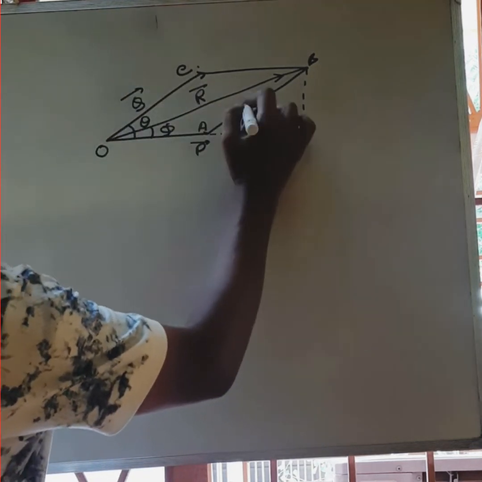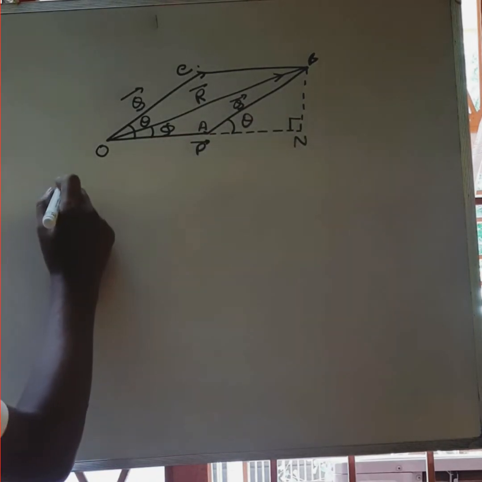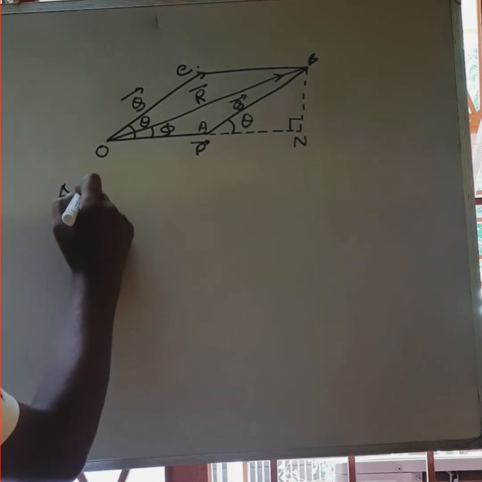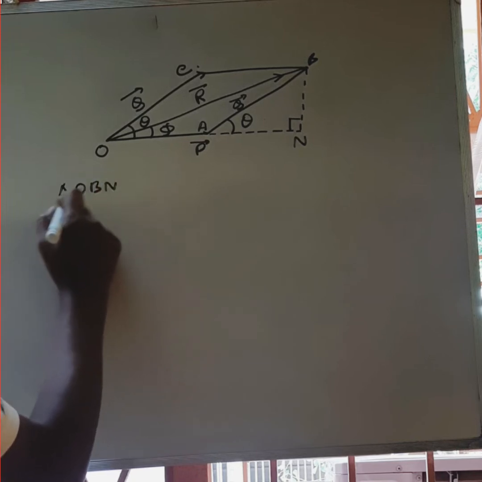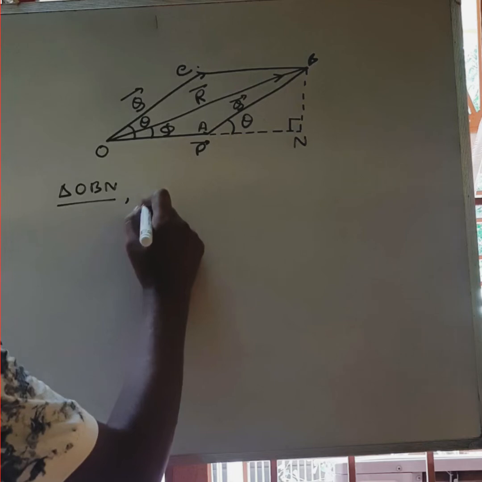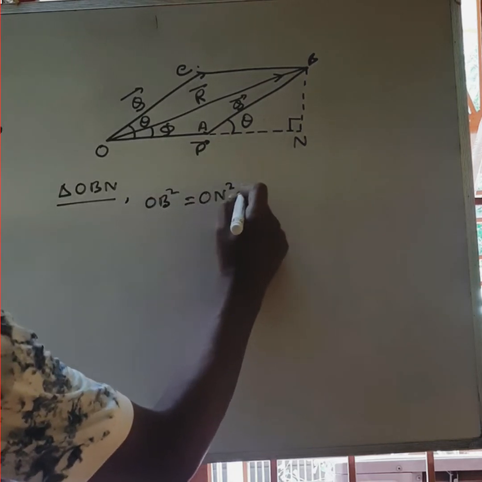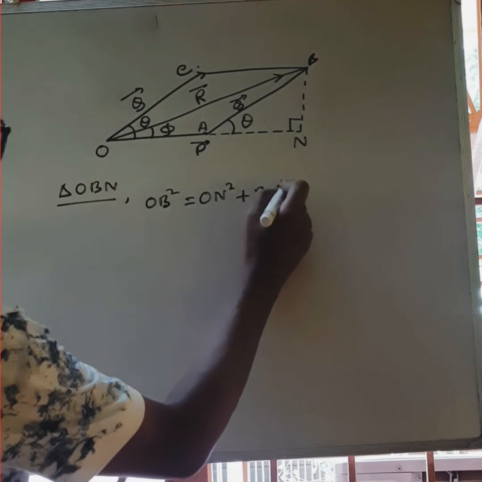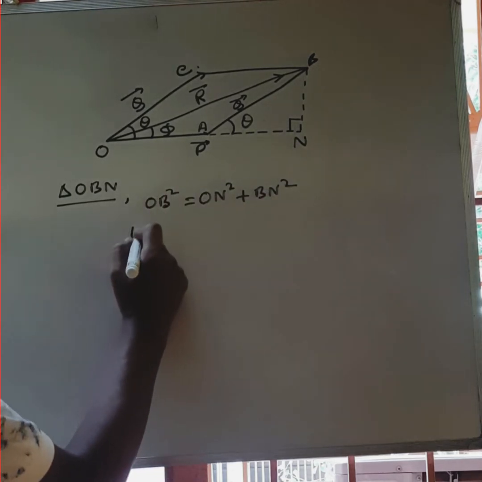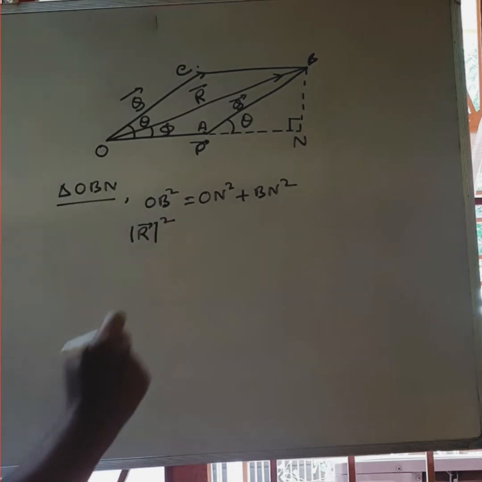If this is Q, this is also Q. Now, from the right angle triangle OBN, we have OB square equals ON square plus BN square. OB square is the square of the magnitude of the resultant vector R.